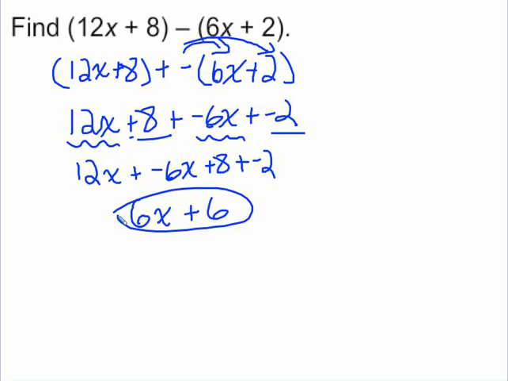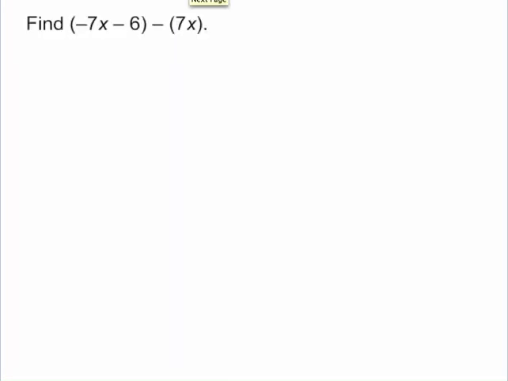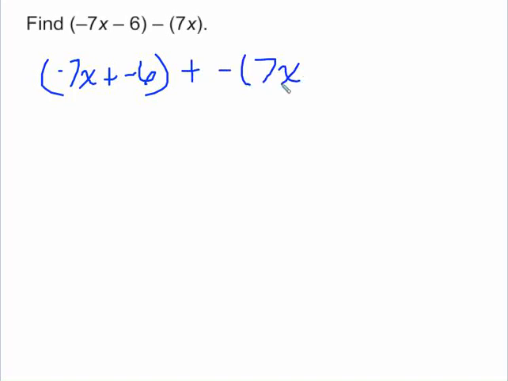Okay, let's try another example. Now in this case, I have a negative in front of a term that does not have parentheses, so this is a linear expression of one term. This is a linear expression of two terms. So when I go to combine, actually this one's going to be a lot easier than some of the other ones we've done, because I will start with my negative 7x plus negative 6. But then I have that plus negative, and I'm just distributing that negative to the 7x.